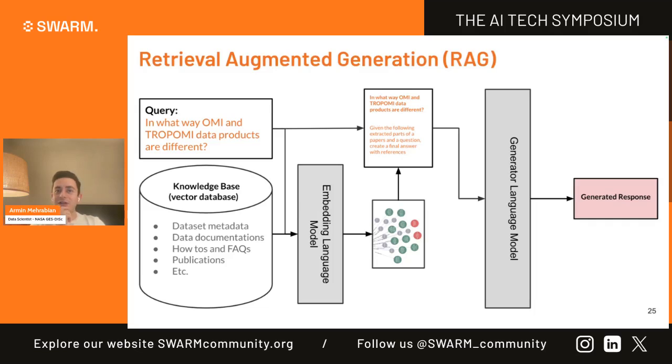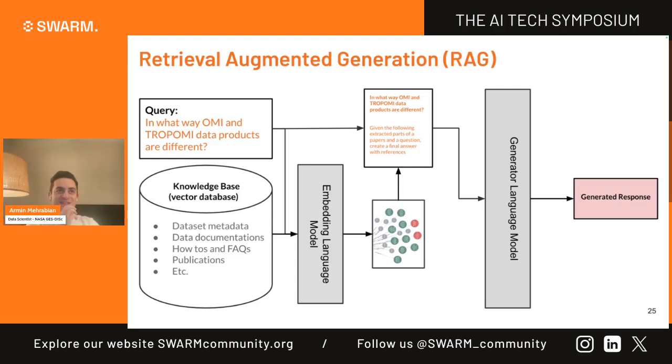I was at one of our Earth Science data-focused conferences a year ago, and I asked this question of the audience, and there was just one gentleman that half confidently knew the answer. Maybe the others were shy, but if you ask something like, in what way are OMI and TROPOMI data products different?